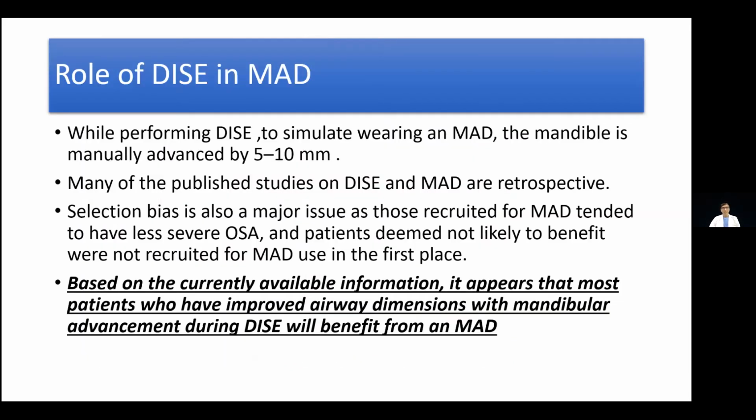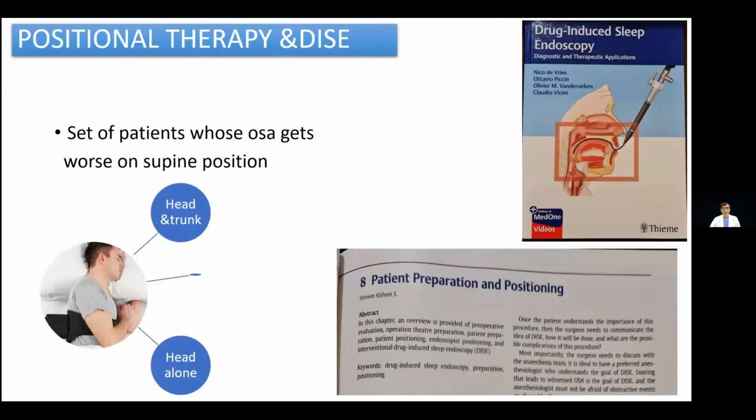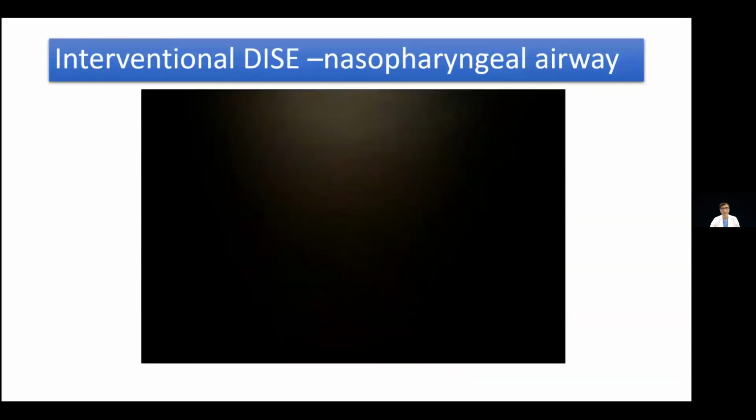Now, there is again a lot of role of DICE in mandibular advancement devices, but for want of time, let me quickly bypass this. There's also a lot of role of DICE in positional therapy, wherein you can change the head and trunk position, or the head position alone, to see how the behavior of the upper airway changes in different positions.